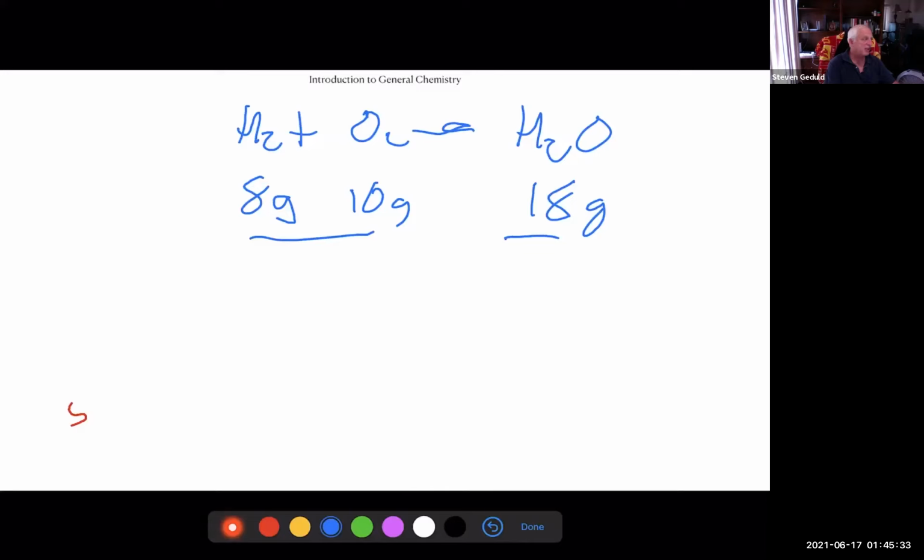All the ones in the second column will form a +2 ion. The ones in the center, between the two peaks, are transition elements. Those can have different charges. Then starting with the column with boron, those are +3.